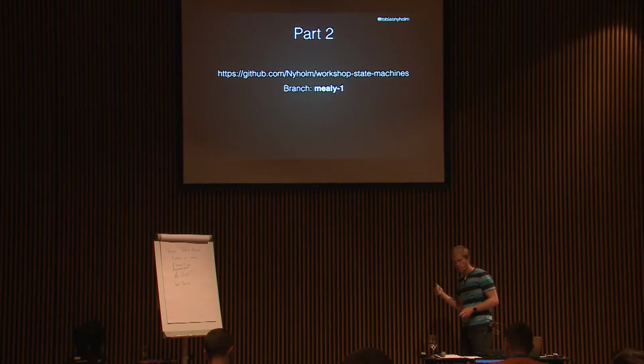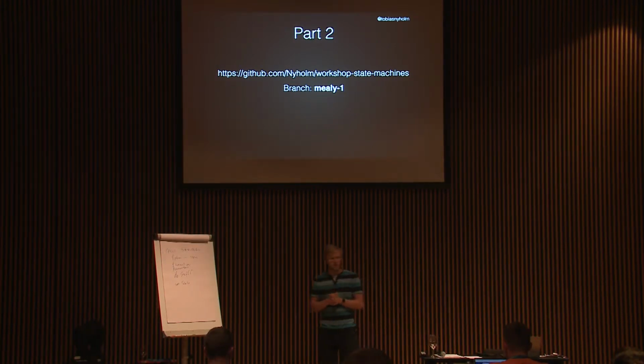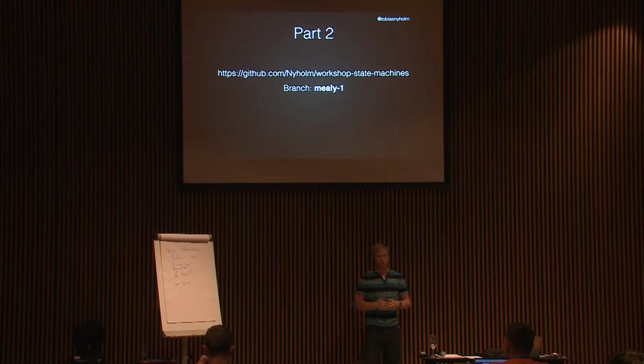This branch has pretty much 3 exercises and a bonus exercise. I tried to make them as small as possible, because I don't expect you to store things in a database and stuff.